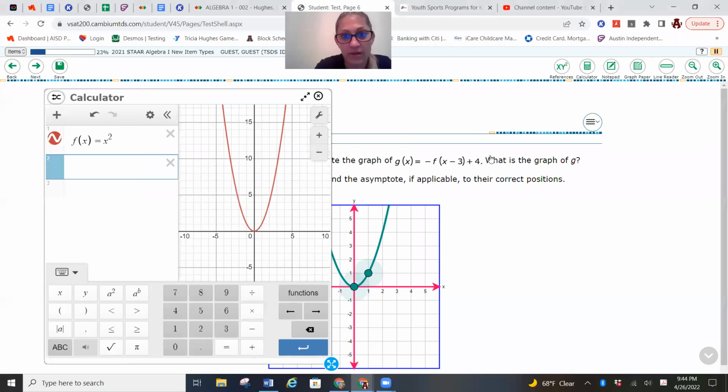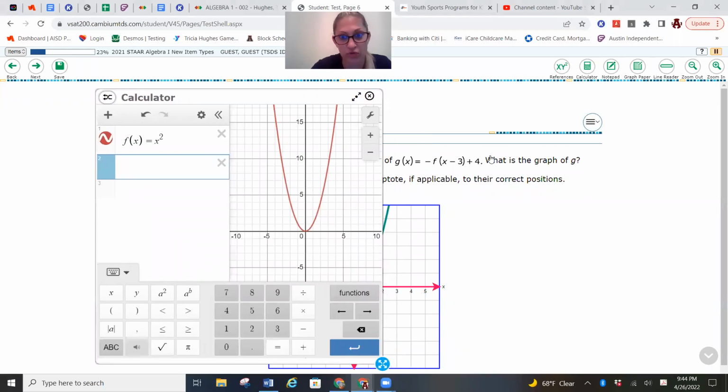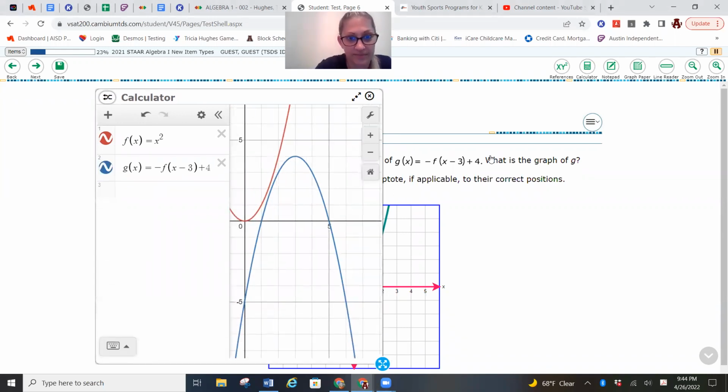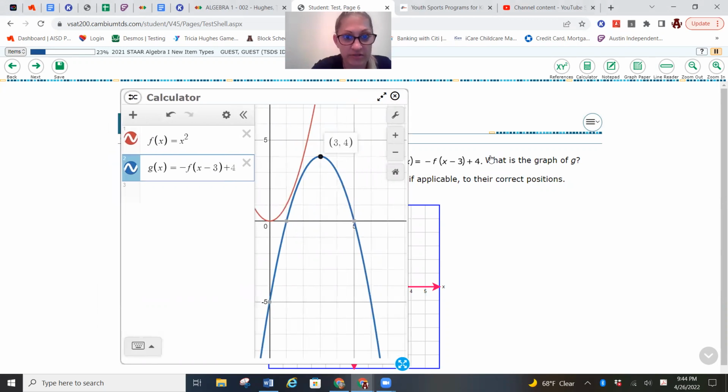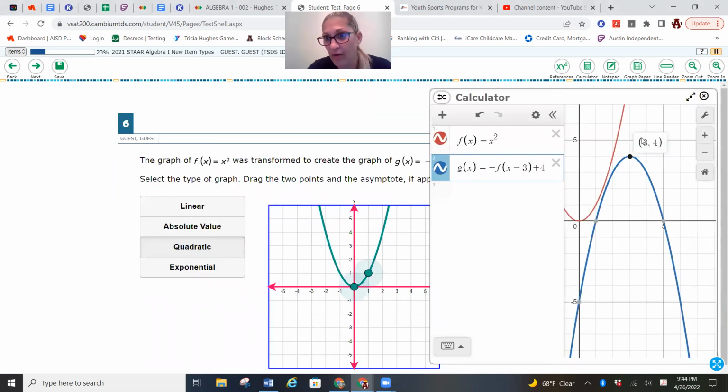Now, type in the transformation one, g of x equals negative f of (x minus 3) plus 4. This is what we have to graph on the graph that STAAR gave us. So check it out.